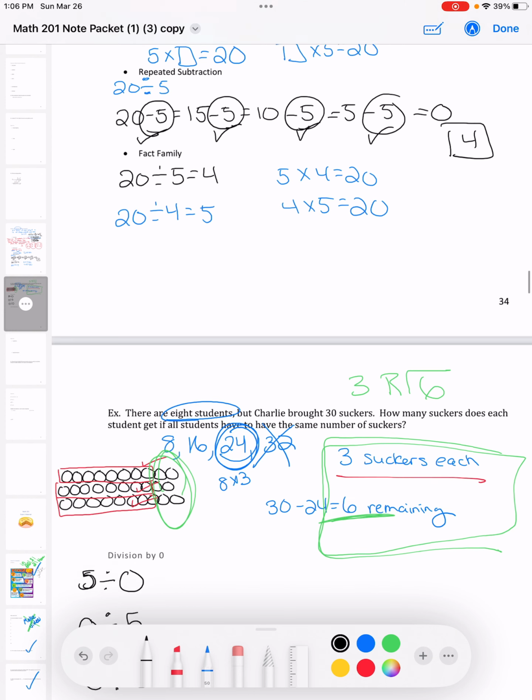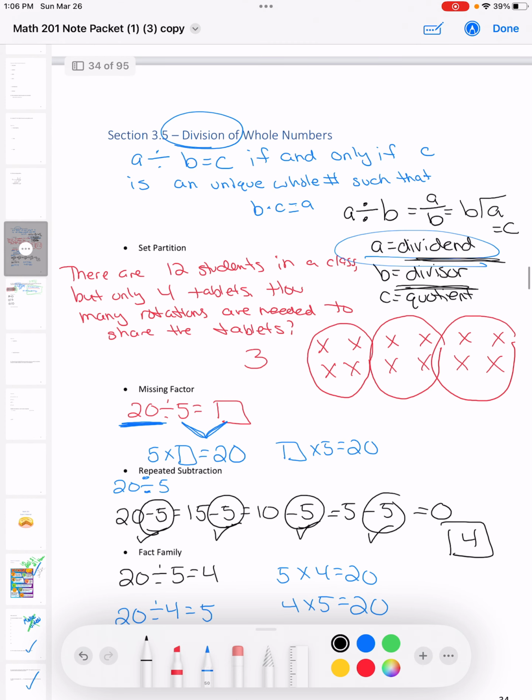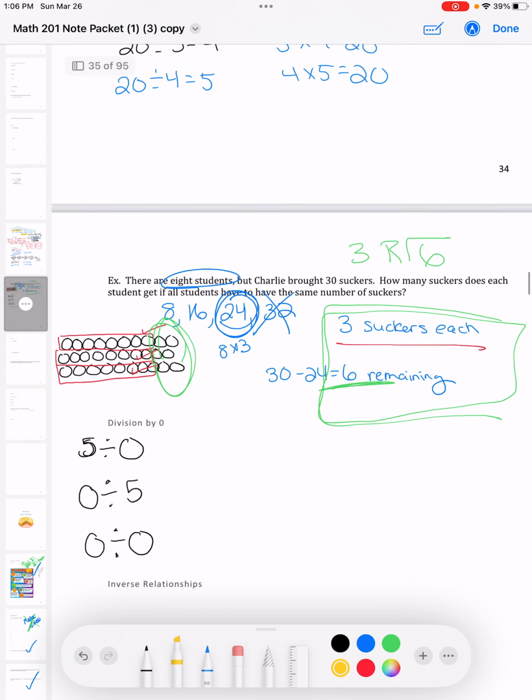Again, I know I'm flipping back and forth, but going back to this definition that we have up here, we've got A divided by B equals C, and I'm going to rewrite this as a multiplication problem. So I'm going to set all these equal to C and see what happens.